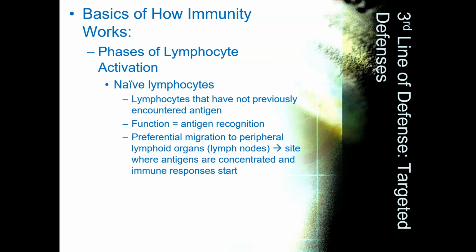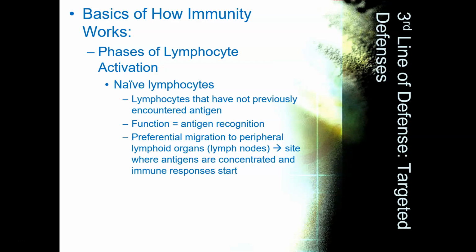So let's take it a step back. Before that antigen is even encountered, these lymphocytes are in what we talk about as a naive state, meaning that they've gone through their stem cell differentiation. They are either in your bone marrow or your thymus, already predetermined to be B or T cells, and then they go out into your lymph nodes, your tissue fluid, and your blood, and they're just circulating at this point.